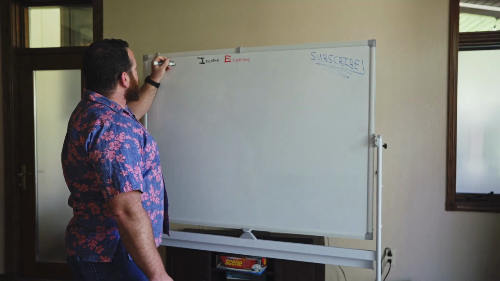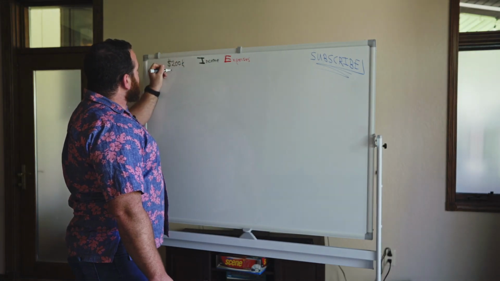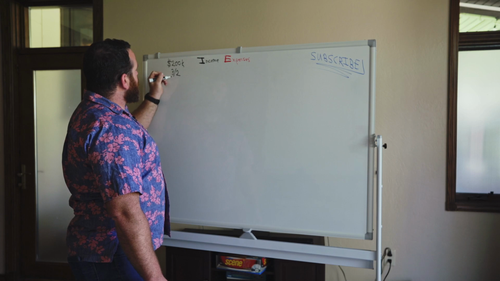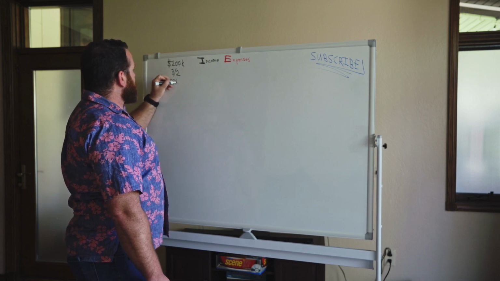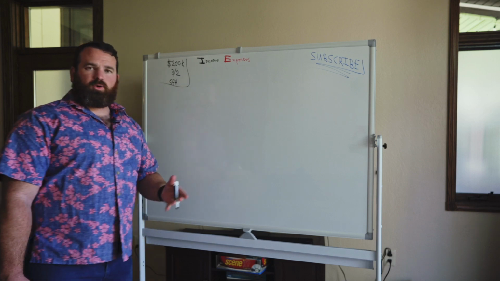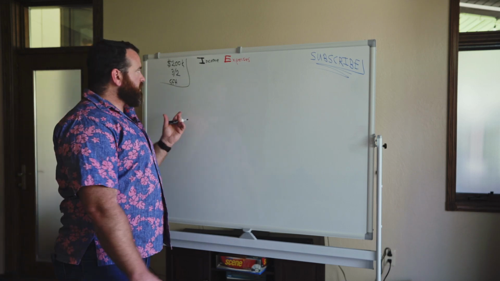So we've got a 200K. Let's say it's a 3, 2, and it's a single family house, right? Just so that we have some point of reference for what this property is.